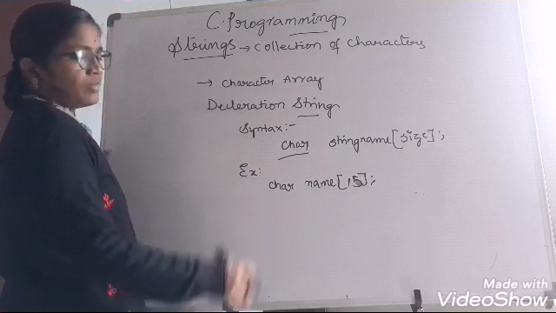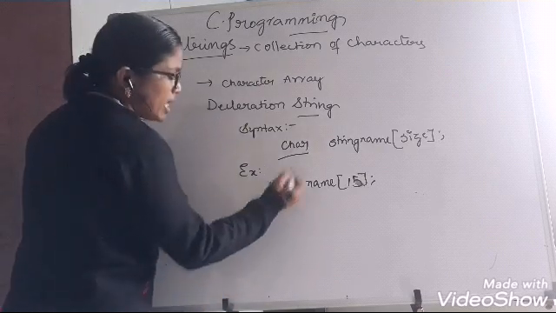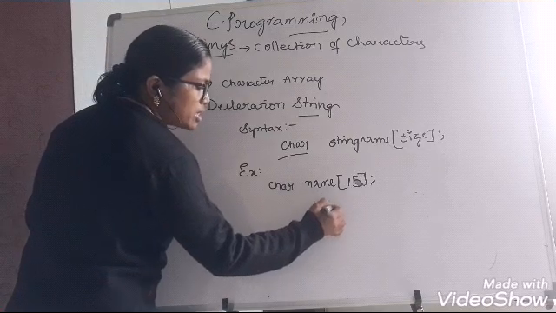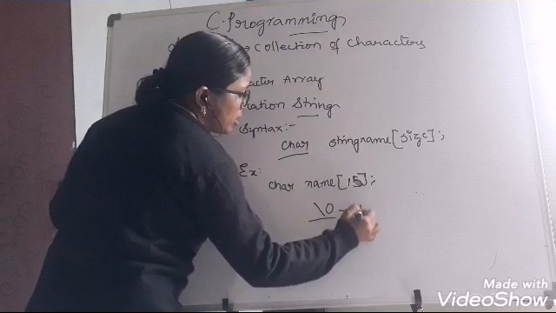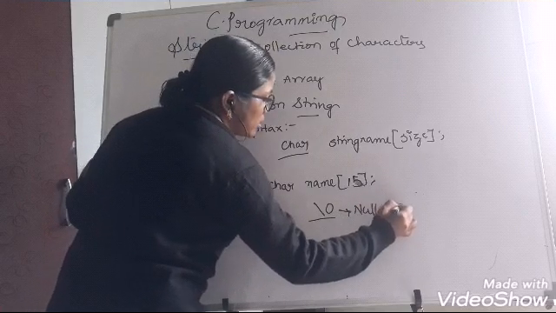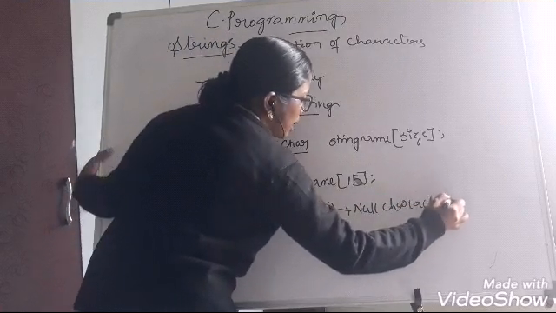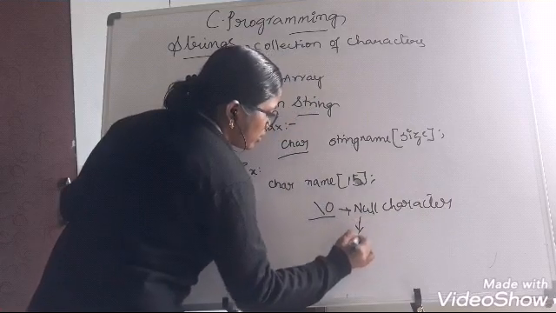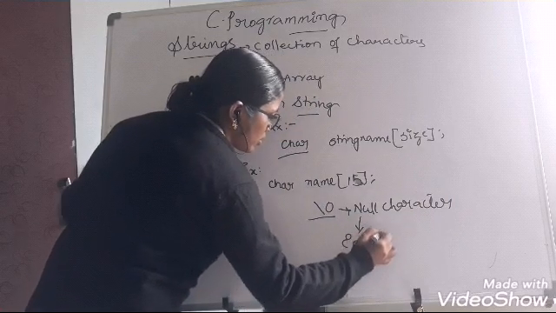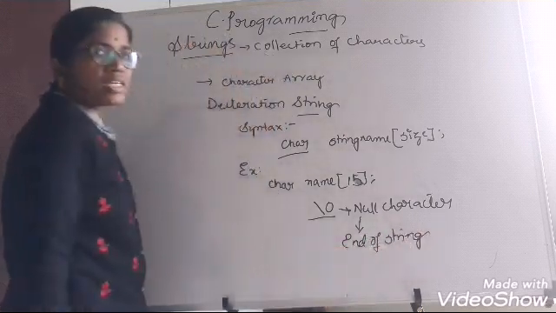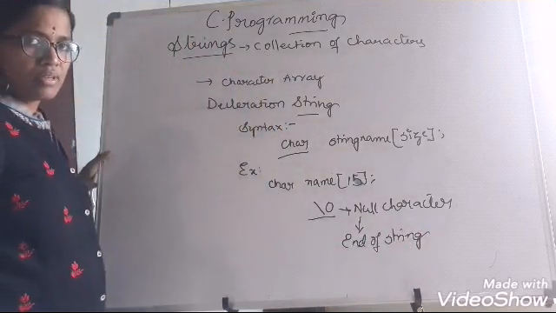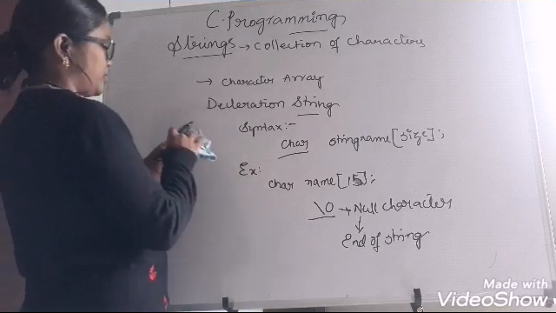Right? And the compiler knows that whenever it reaches this character, this is called the null character. This indicates the end of the string. Let's see, I'll explain.